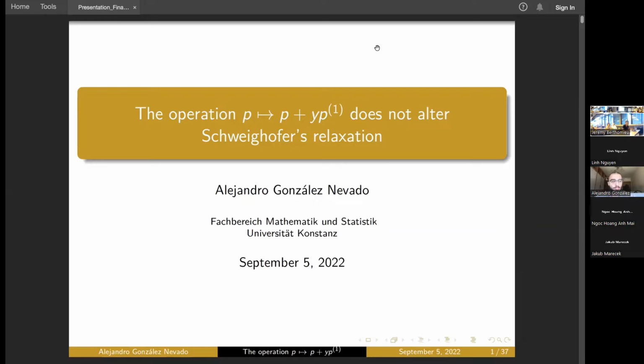We are studying the relation between one relaxation of rigidly convex sets that he introduced, and this operation, described here, that transforms a real zero polynomial, or hyperbolic polynomials, which are somehow equivalent, into another real zero polynomial. So we are going to study the relation between these two constructions.